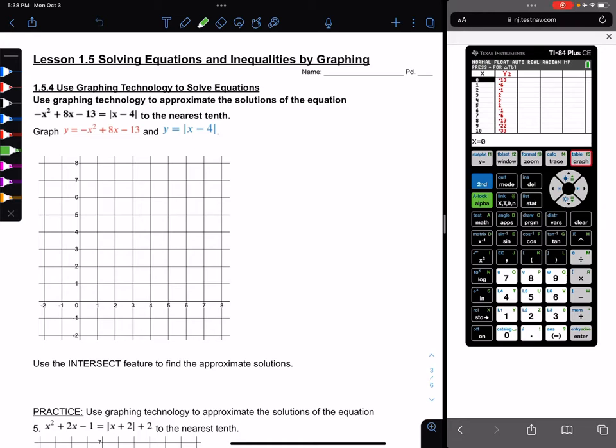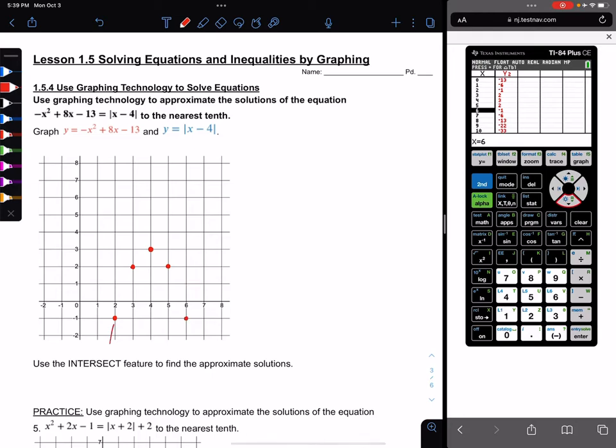So 0, negative 13 does not work for us. 1, negative 6 does not work. 2, negative 1, we can use that. So 2, negative 1, and then I'm just going to keep plotting these points here. 3, 2, 4, 3, 5, 2, so we've now found our vertex. 6, negative 1, and then 7 is off the graph.